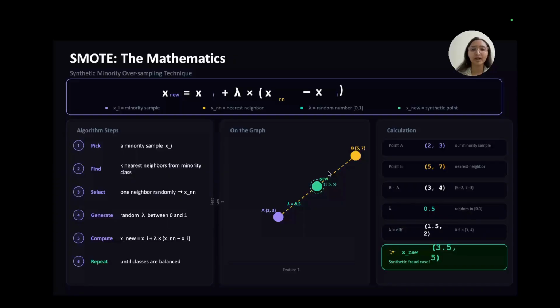And how is lambda working here? Suppose lambda is equal to 0.5. That means we are covering 50% of this path.